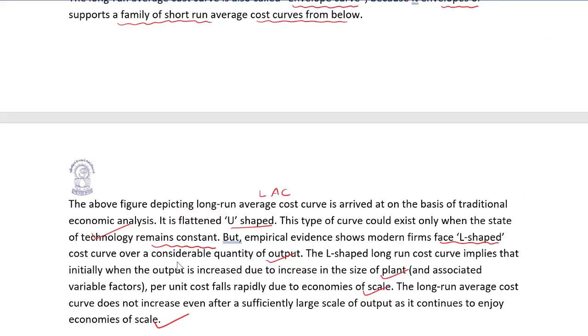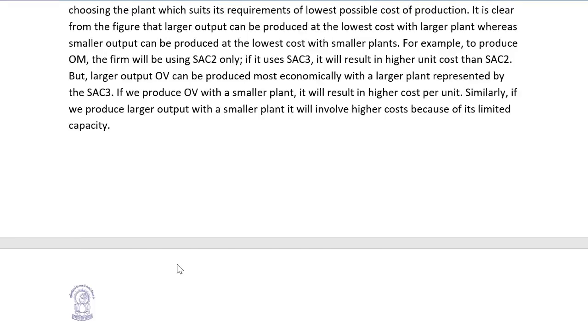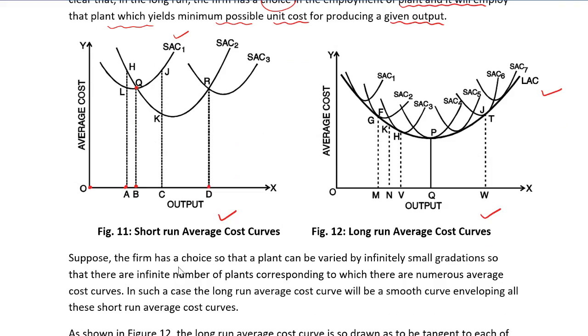Okay. Just see this curve once again. This is short run average cost curve, SAC curve. Over here, why we have chosen L?